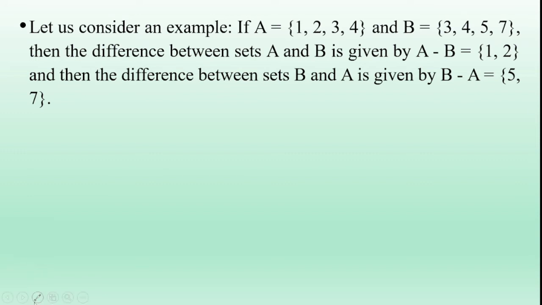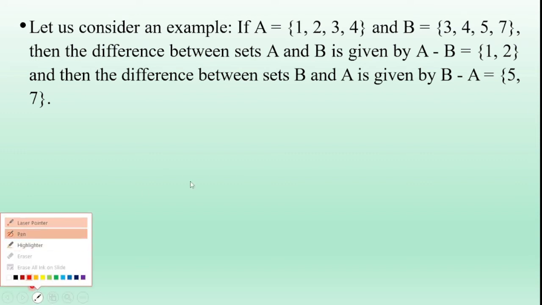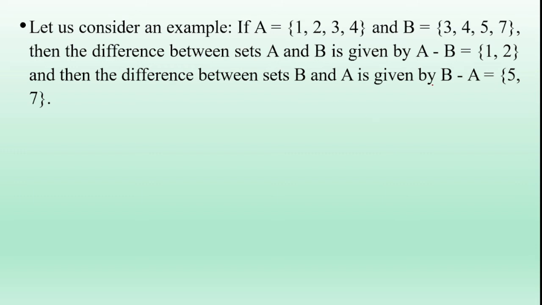Similarly, we can determine B minus A is equal to set B minus A intersection B. First determine A intersection B, the common elements of set A and set B. What are the common elements? 3, 4 are the common elements of set A and set B. What is the set B?